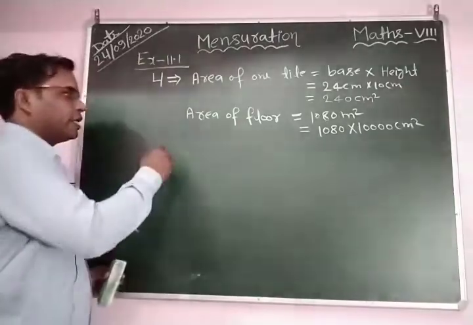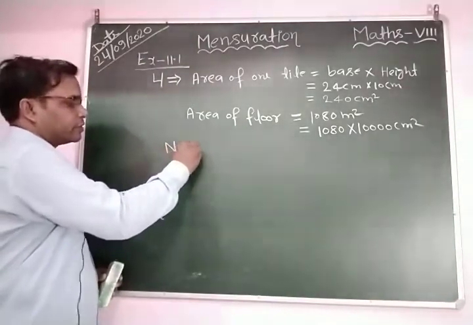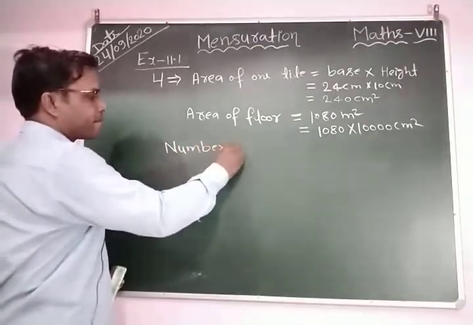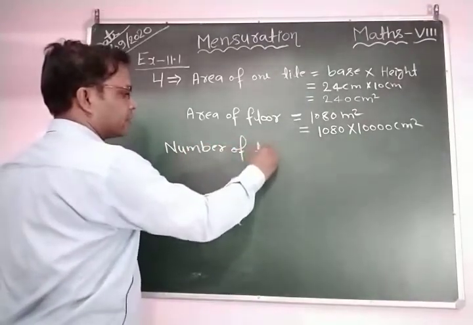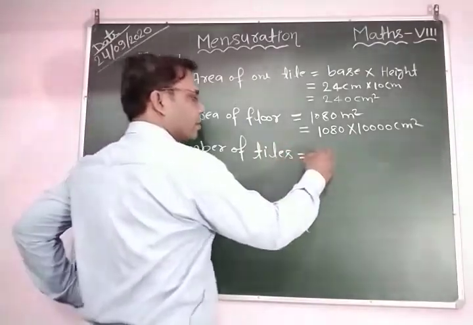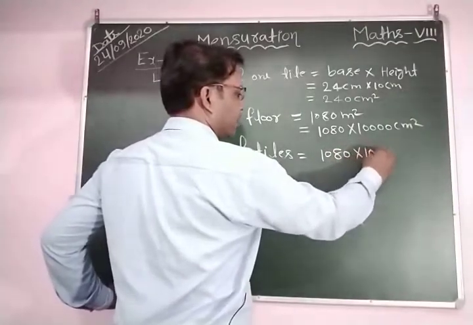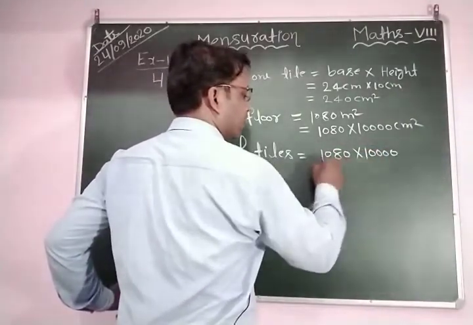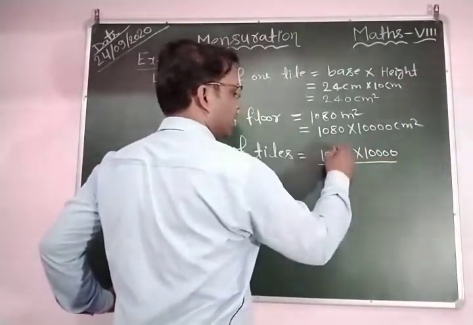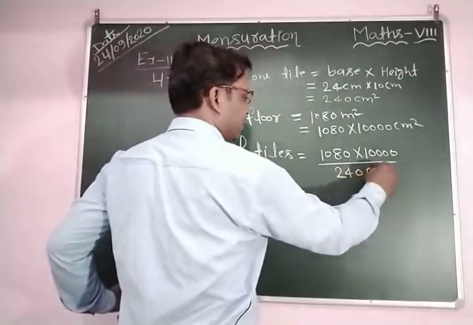Number of tiles is equal to 1080 into 10,000 divided by 240 centimeter square.